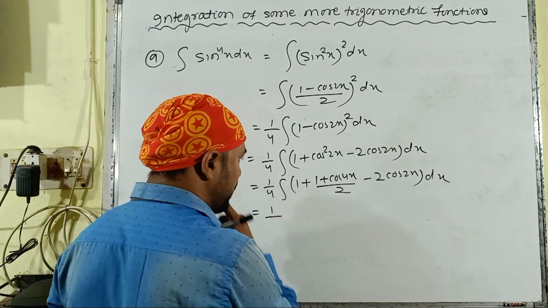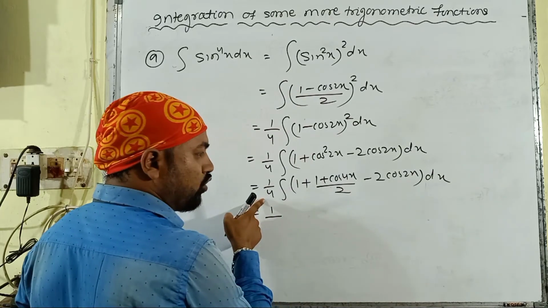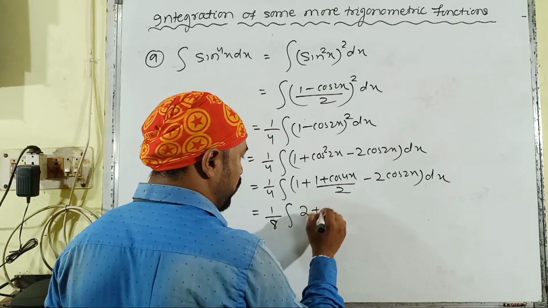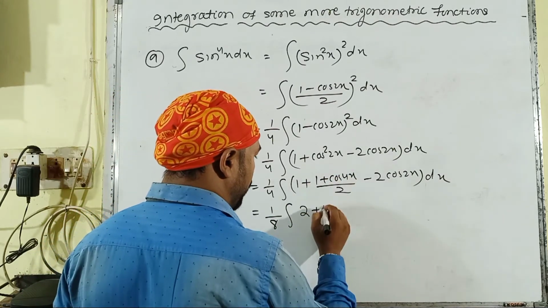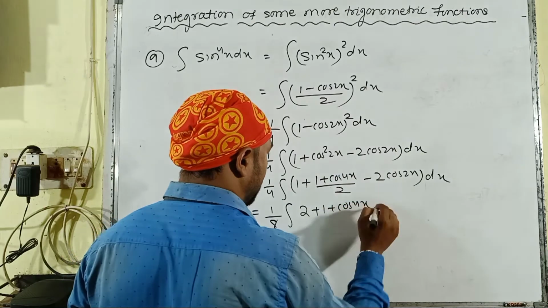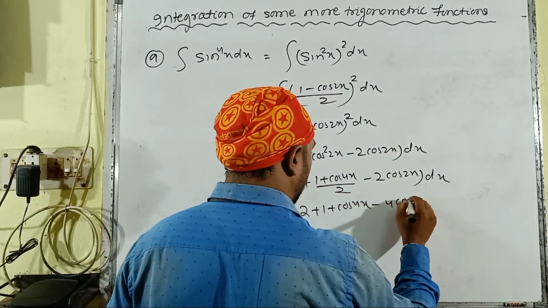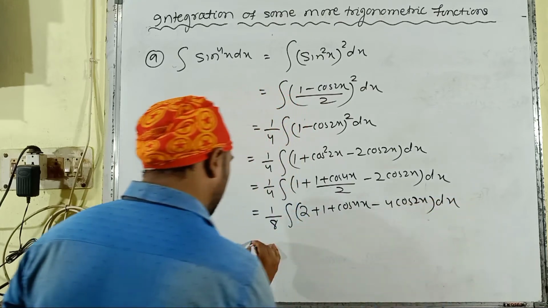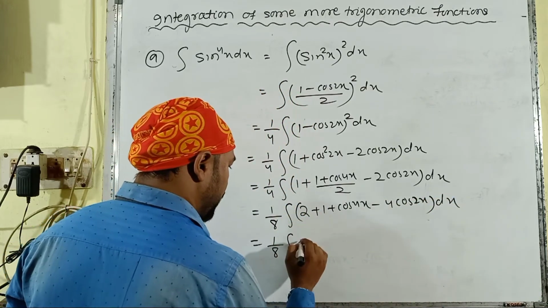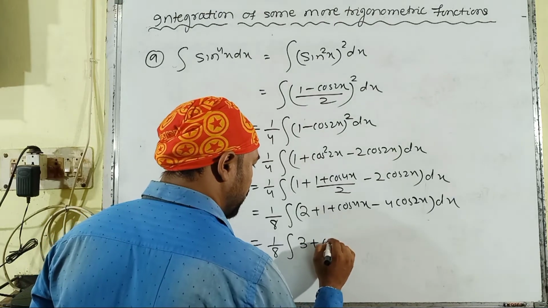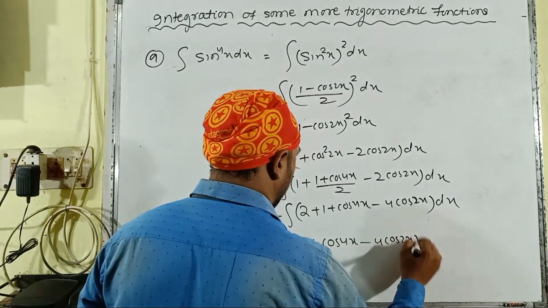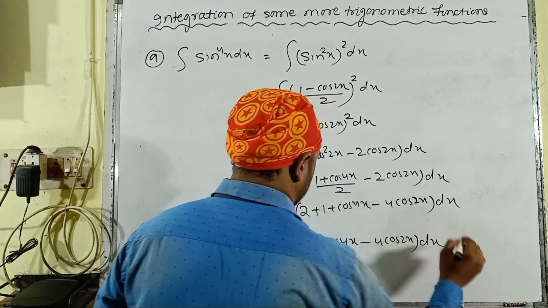So dividing by 2 and multiplying by 2 here, we have 2 plus 1 plus cos 4x minus 4 cos 2x. Then simplifying, we have 3 plus cos 4x minus 4 cos 2x dx.